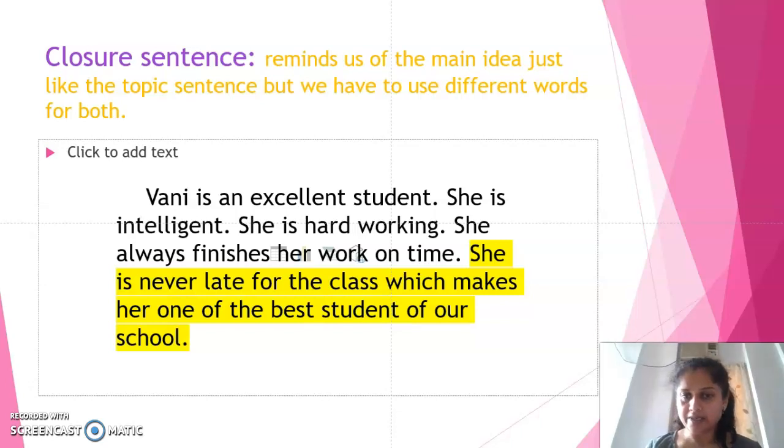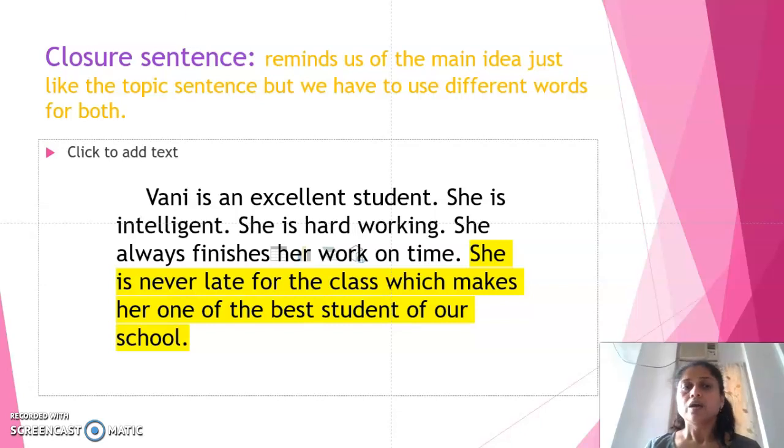Like again in our example, "Vani is an excellent student" is your topic sentence. And the highlighted one, "She is never late for class, which makes her one of the best students of our school," is your closure sentence. See the similarity. The idea is almost the same, but the wording in which we have formatted the two sentences is different.